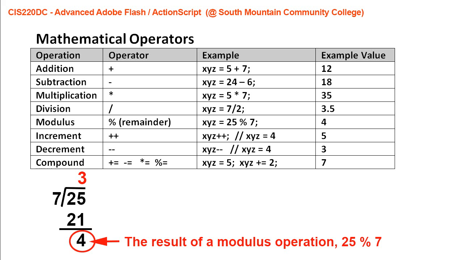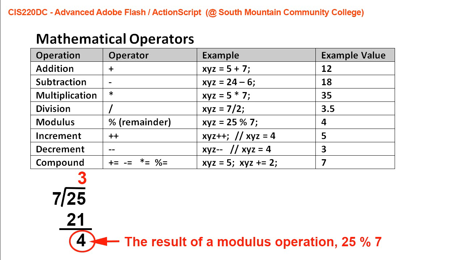And then we have what are called compound operators. So in the increment and decrement, we would add or subtract 1. We can also specify a plus equals, which is basically the same as saying xyz equals xyz plus some value. So in the example here of xyz equals 5 and then xyz += 2, we would add 2 to the value of xyz, and xyz would become 7.